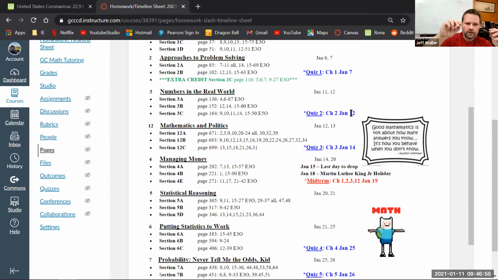And once you start it, a timer will start. So you have about 24 hours to start it, but when you start it, you have so much time to finish it. That's how the second quiz is going to work. And actually, that's how every quiz is going to work. What I'm doing is I'm making the midterm work the same way.